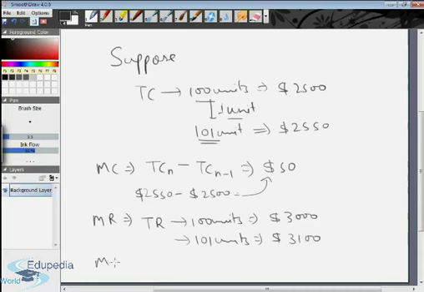Therefore we can calculate marginal revenue, which is equal to total revenue of selling n units minus total revenue of selling n minus 1 units, equals $100, that is $3,100 minus $3,000.